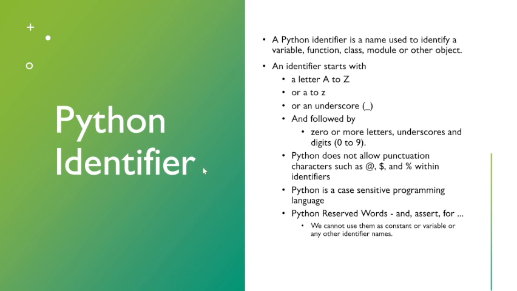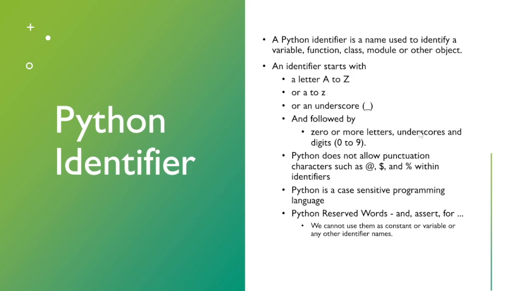So what are those rules? We can start with any letter, capital or small. It can also start with an underscore, followed by zero or more letters, underscores and digits. That means we can have a single character variable or a multi-character variable.